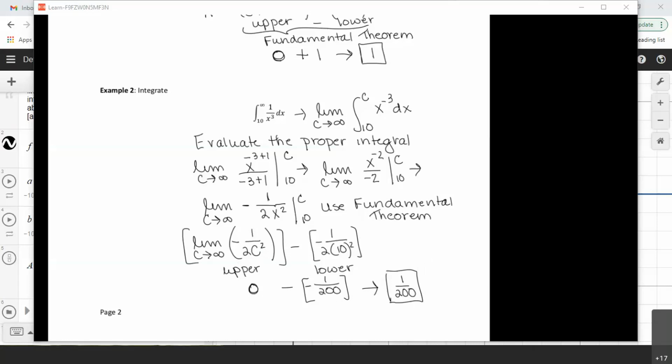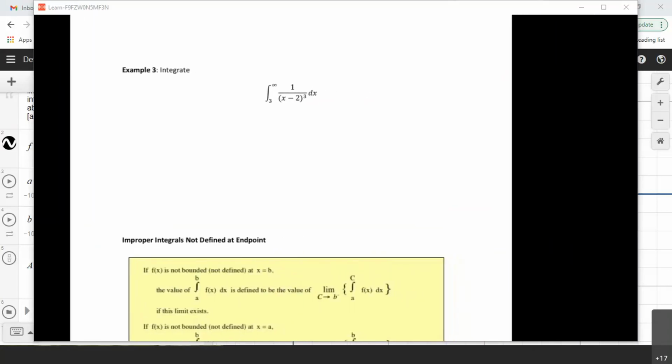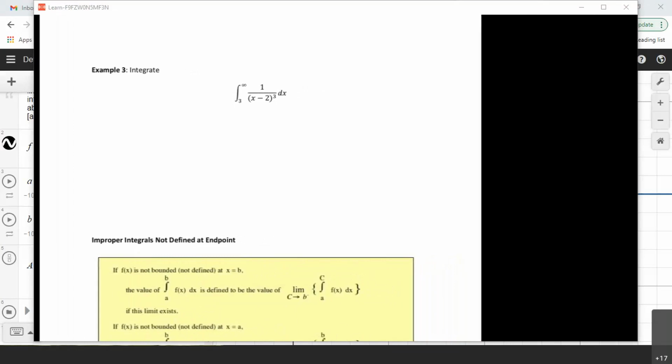Okay, well, we had some really simple examples here, examples where we just use the power rule to integrate, but you can use any of your integration techniques. Here's an example where, again, we might want to use something other than just the simple power rule. I'm going to rewrite this. You can see my upper bound is infinite, so I'm going to let c approach positive infinity.